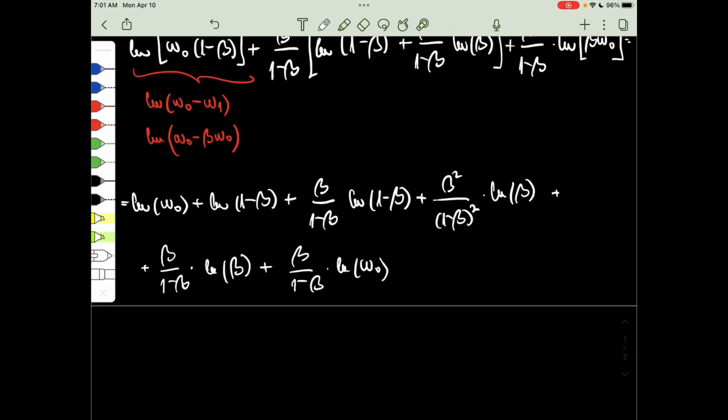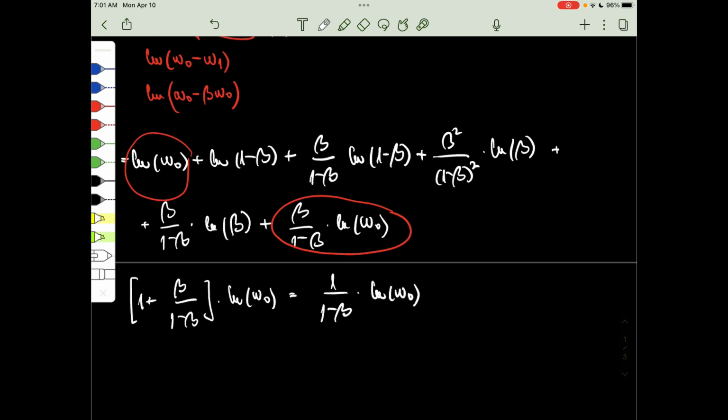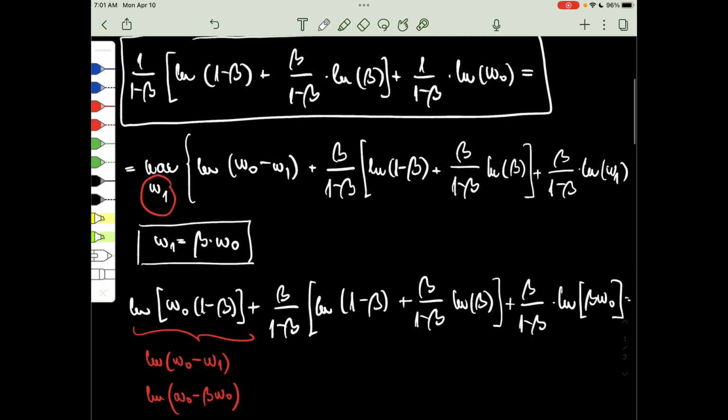So let's try to sum up the items with W0. Alright, this is 1 over 1 minus beta. And, you know, this is what we need.